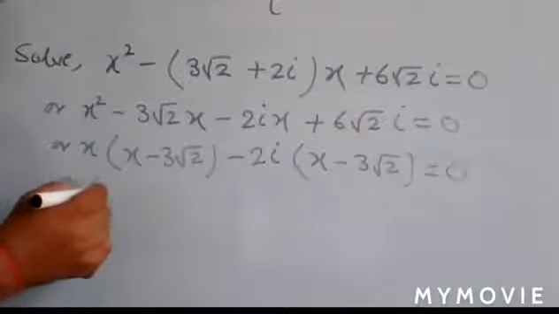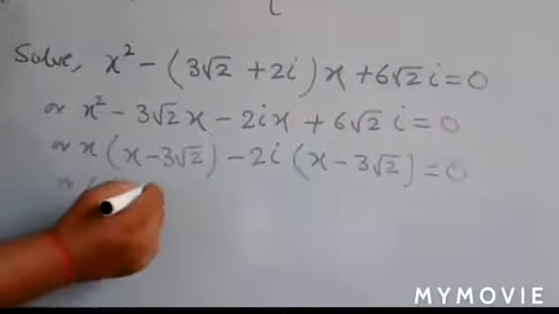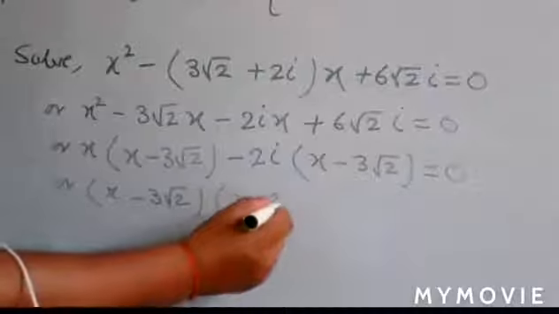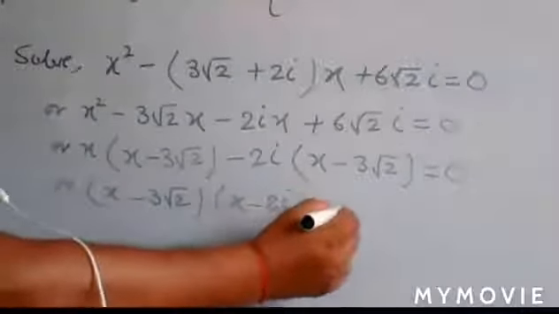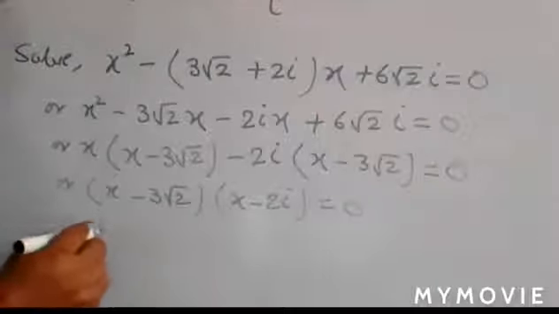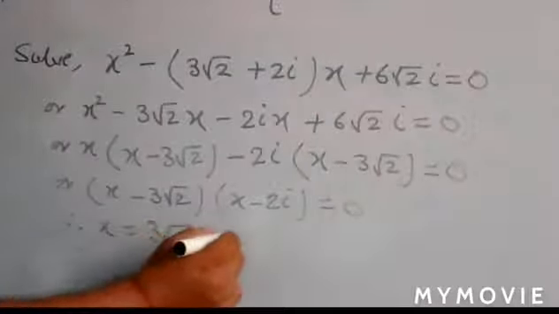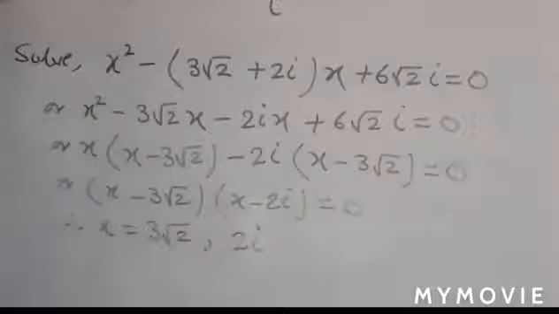Again, you can take common x minus 3 root 2, and here you have x minus 2i, that is equal to 0. Understand? So the value of x is equal to 3 root 2, and here you have 2i. So 3 root 2 and 2i is its solution.